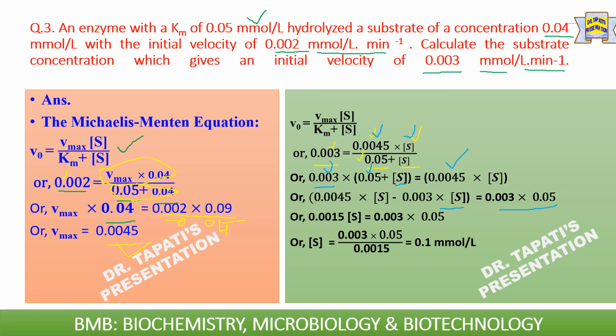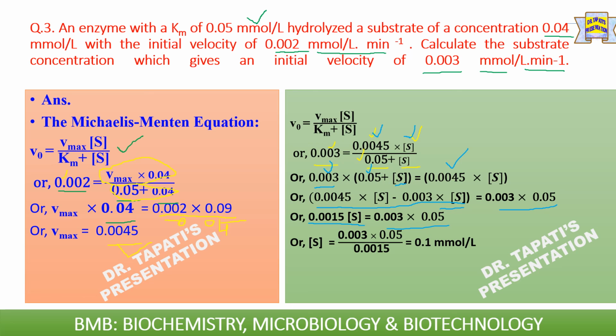If you solve this part, you will find the value 0.0015 into substrate concentration is equal to 0.003 into 0.05.